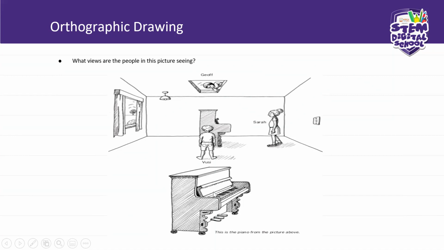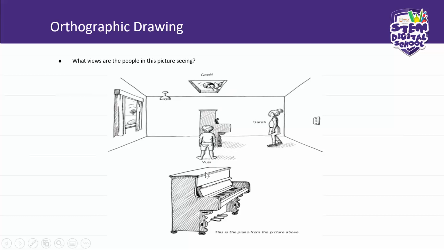So Vusi will be drawing what he sees, which is this part. Jeff will be drawing this part and this part, but from his view, from his perspective. And Sarah will be drawing only this part and not this part.